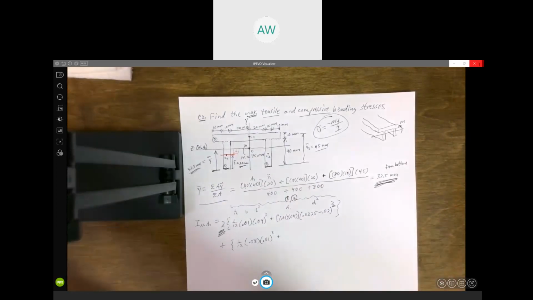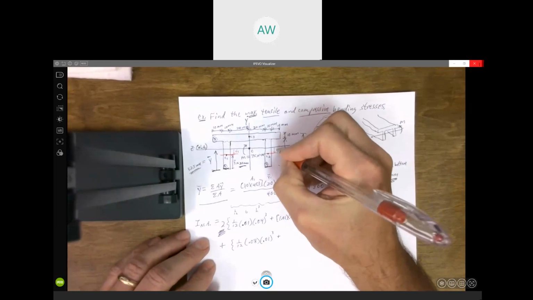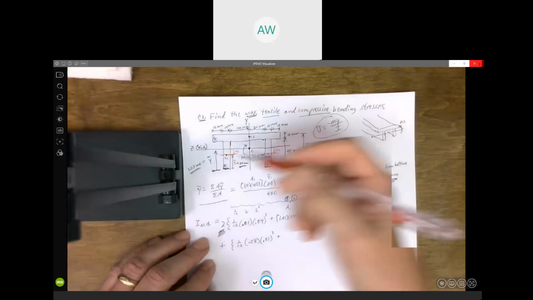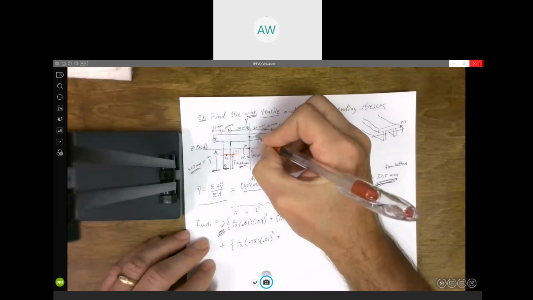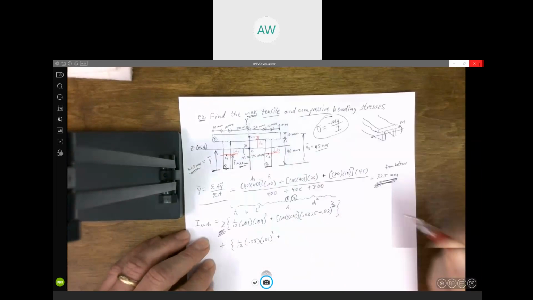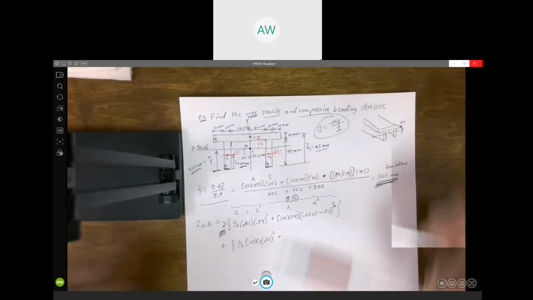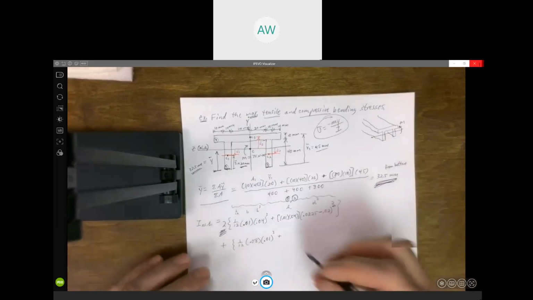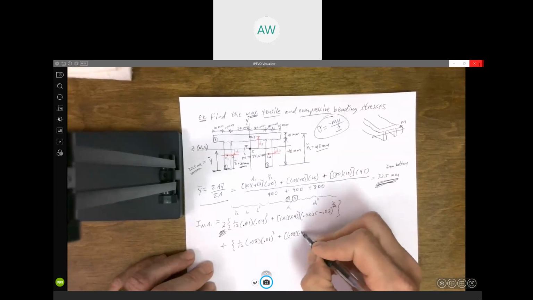The distance for area 2 is the same as it was for 1, but it's not going to be the same when we're looking at area 3. That distance is from our neutral axis to the centroid of that area. So we have to add the area, which is, again, 80 times 10 millimeters.